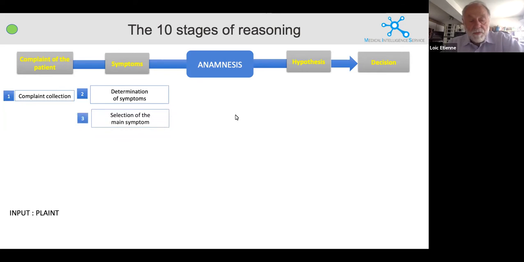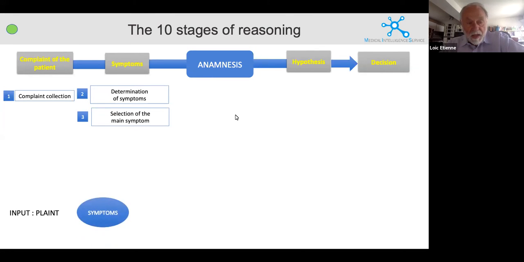It has to select the main symptom, and this moment is the most important because when you see a doctor with a lot of symptoms, he always asks you, in the end, what problem are you coming to see me for? At this stage, the system knows the symptom said by the patient, but it needs to search for additional signs.